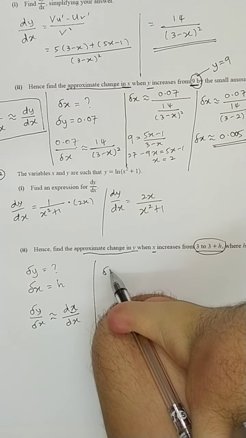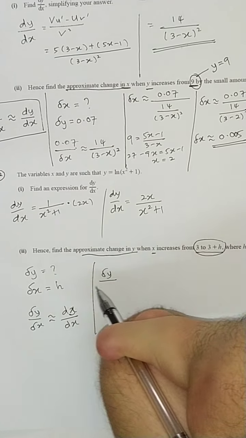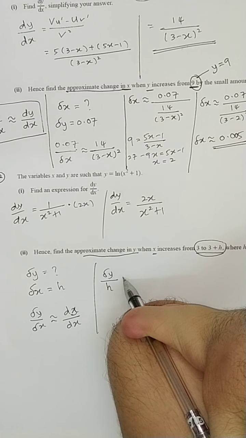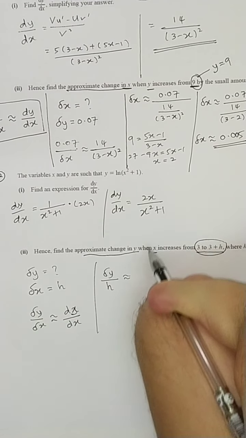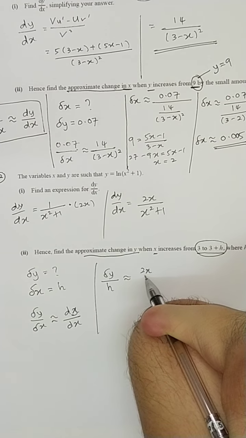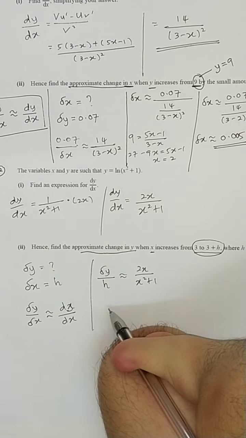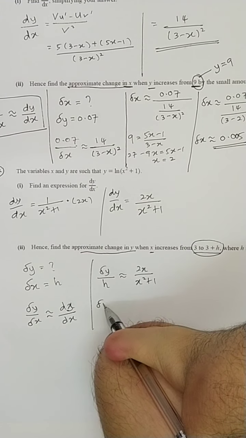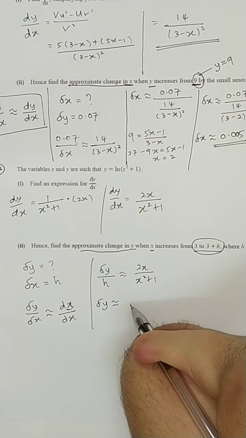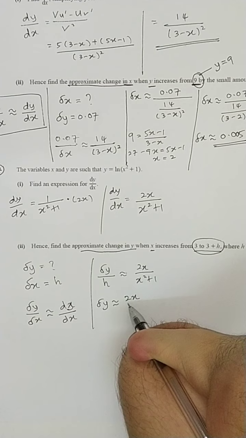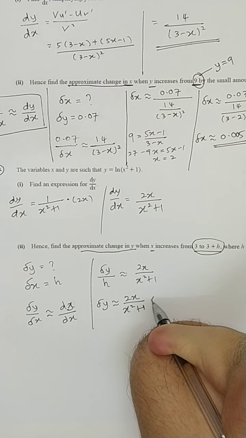Delta y over delta x, and delta x is h, so h, is approximately dy over dx, which is 2x over x squared plus 1. Rearrange: delta y is approximately, moving h to the other side, 2x over x squared plus 1 multiplied by h.